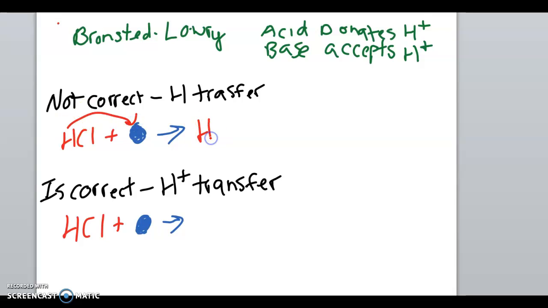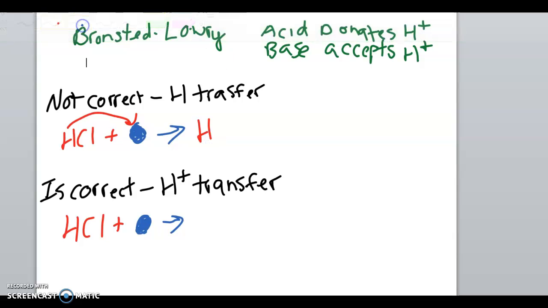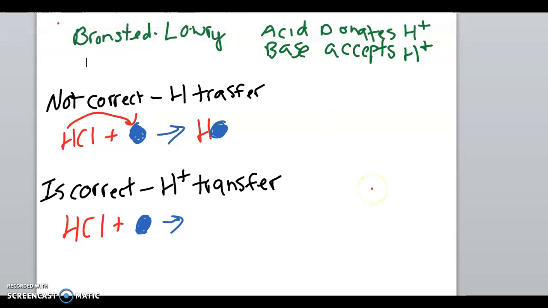So you would have H and then blue blob, and then your Cl would just be by itself, plus Cl. So if the acid was just a hydrogen atom, this is what it would look like. The hydrogen would just plop onto the blue blob, and you would have H blue blob plus chlorine by itself.